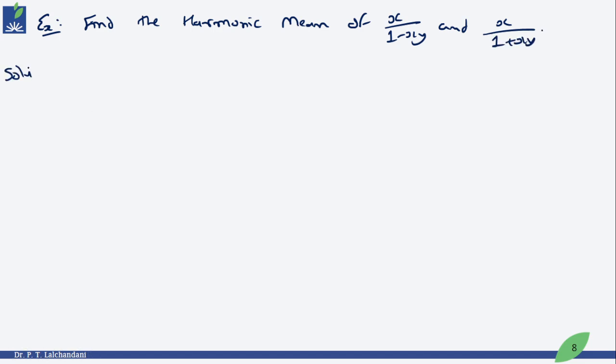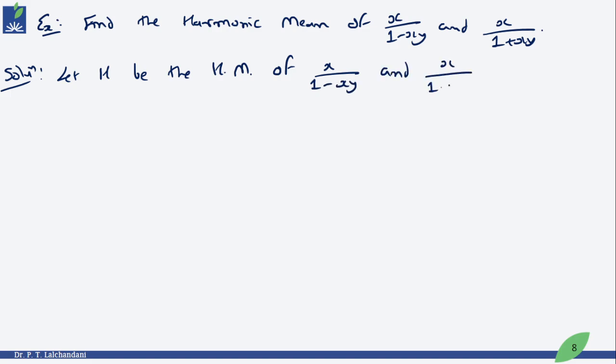Okay. So we are given two numbers, x upon 1 minus xy and x upon 1 plus xy. And the question is to find the harmonic mean of these two numbers. So for that, let us begin with H. Let H be the harmonic mean of x upon 1 minus xy and x upon 1 plus xy.